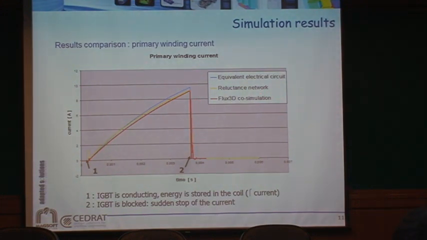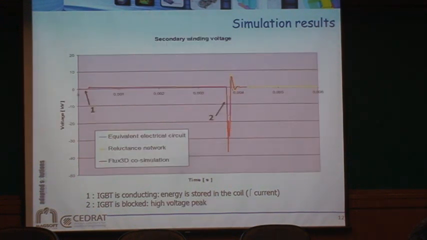Now, the important part here is that this computation takes a long time because we have to actually compute the finite element at every time step. Okay? While the two others are actually quite fast. So when we look at this, we say, okay, I have no reason not to take one or the other.